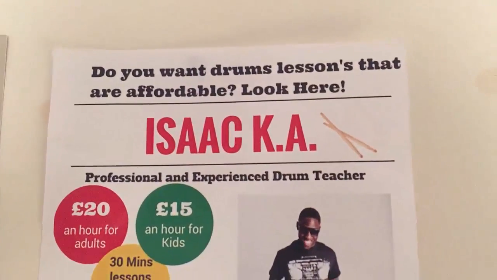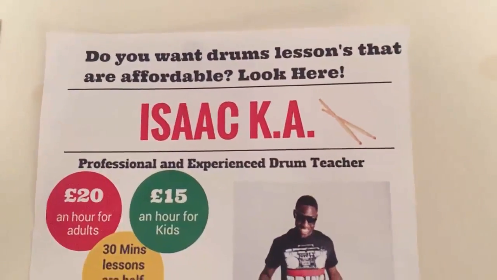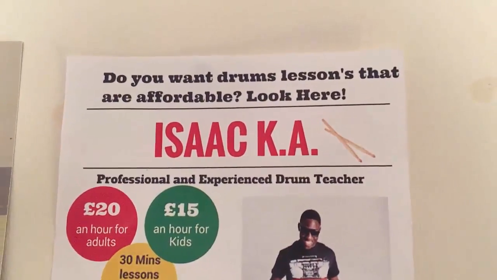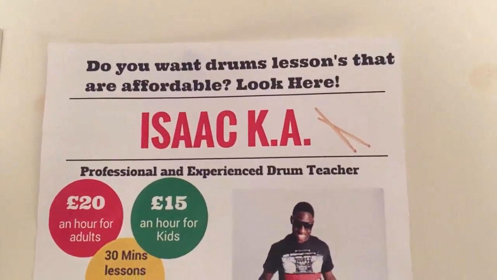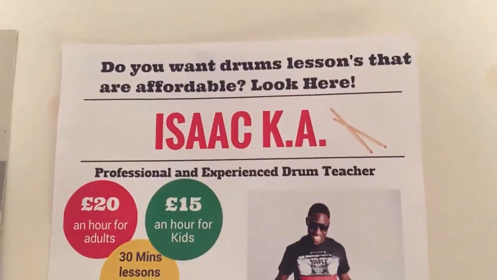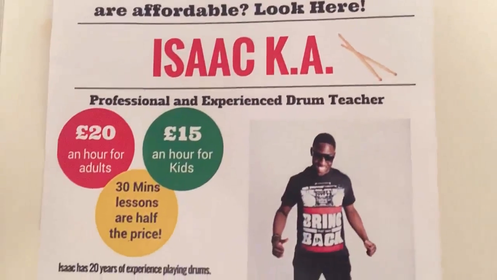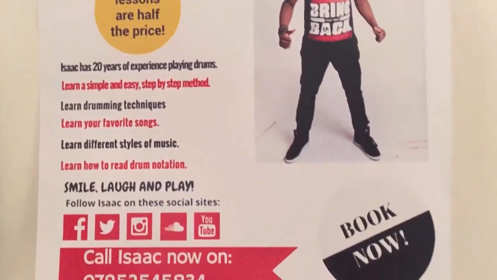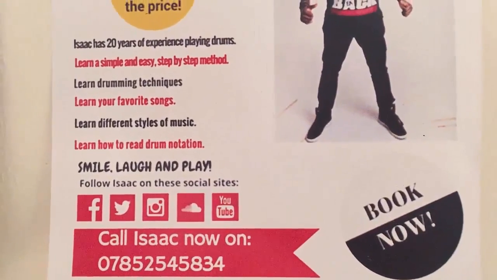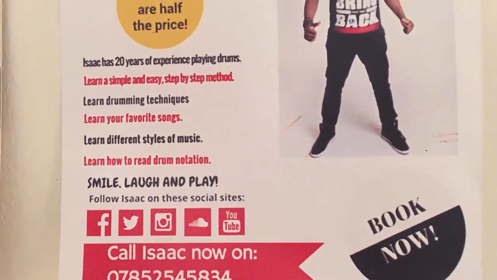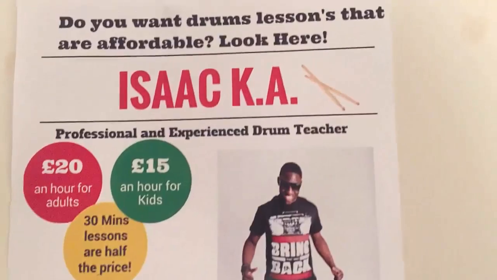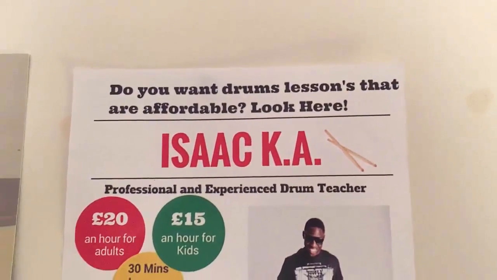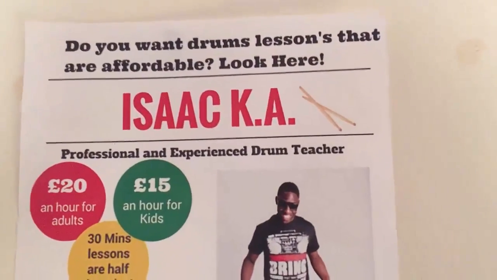So even though it's not sort of the most creatively written thing, it's do you want drum lessons that are affordable? Straight away, that will speak to some people. Then you move down, he's put the prices there. The call to action and the trackable thing, he's just got a phone number here, all right?